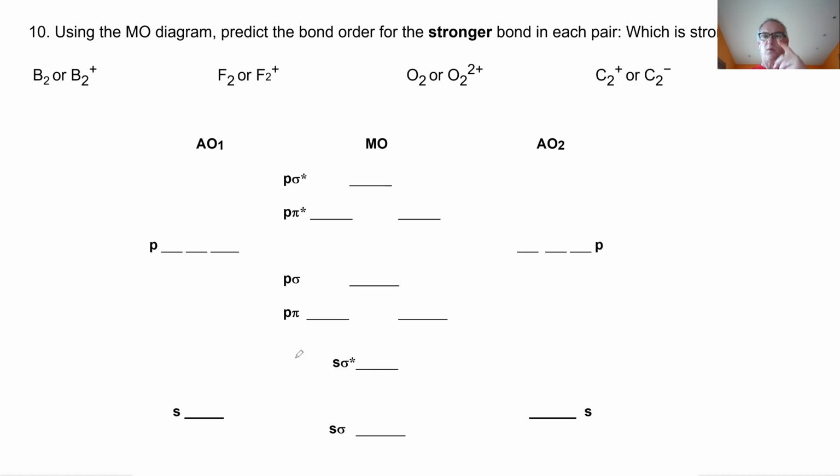So what this question asks is, can we make a boron-boron molecule? What would be the bond order of that? If we can't get them to bond at all, what would our bond order be?